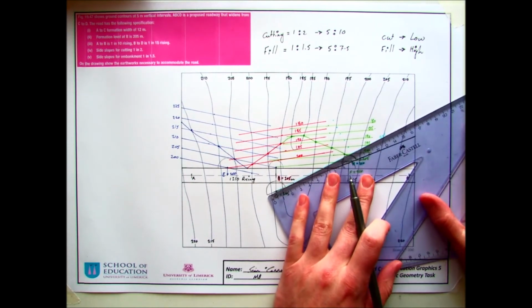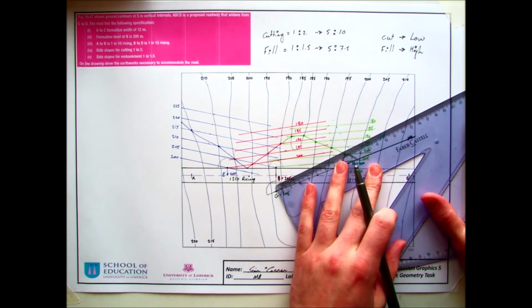Parallel lines again. Got my 7.5 for my 5 meter intervals.